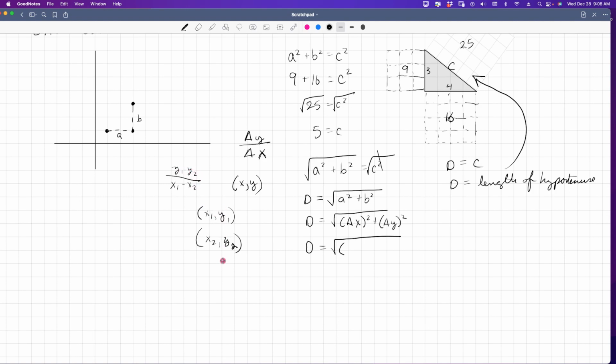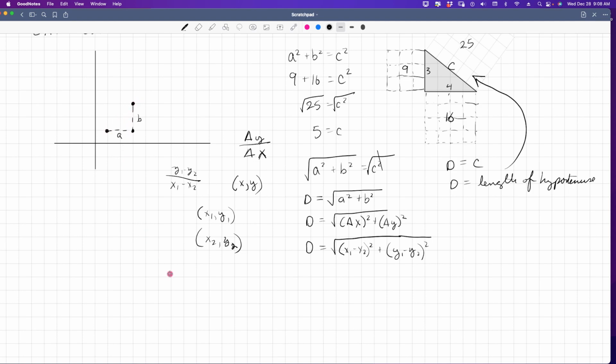And we would just pick one of these to be point 1 and one of these to be point 2. So we do the same thing here. We would say x1 minus x2, square it, plus y1 minus y2, and square that. That's our distance formula. That's all we have to do in order to find our A and our B, which helps us to calculate the distance here between these 2 points.